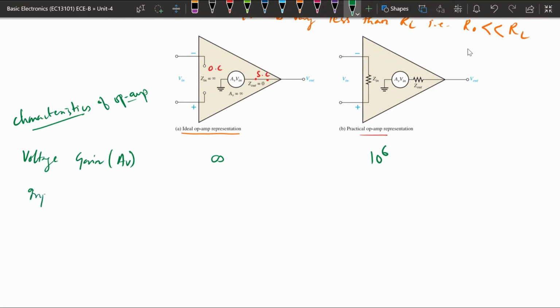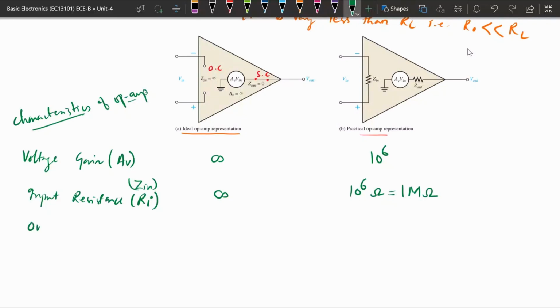Next is input resistance, that is R input, or here it is represented by Z input. R input should be infinity in the ideal case, and for the practical case this input resistance is considered to be 10 to the power 6 ohms or 1 mega ohm.